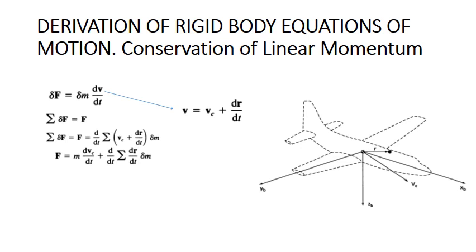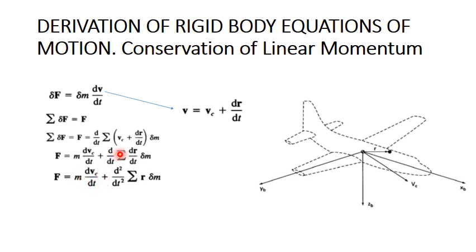And we can pull the differentiation sign out of the summation sign to get, so we have pulled d by dt with that one. So we get F equal, the first term is the same, m dvc by dt.